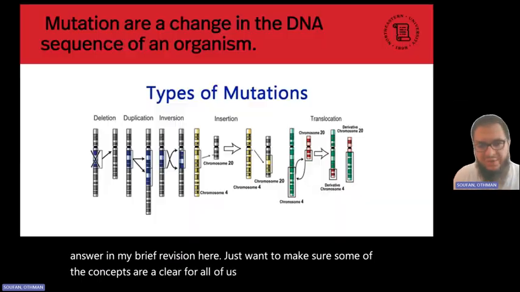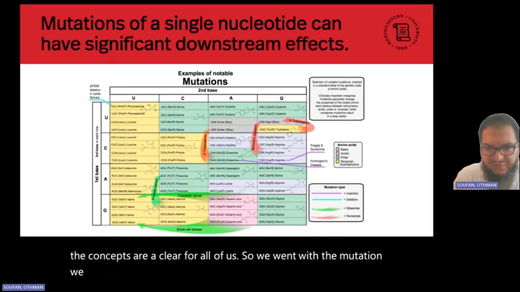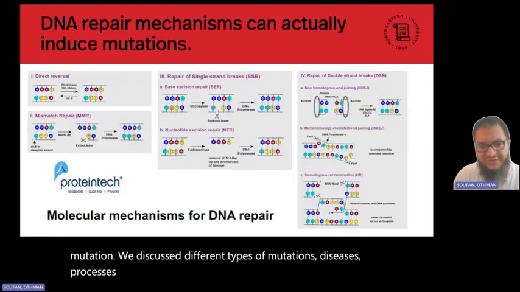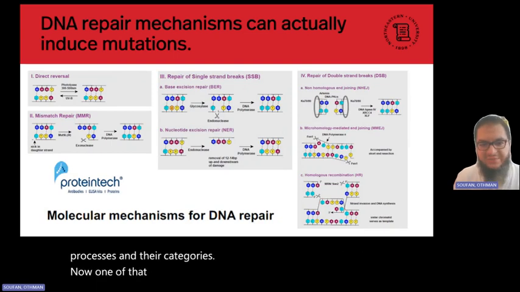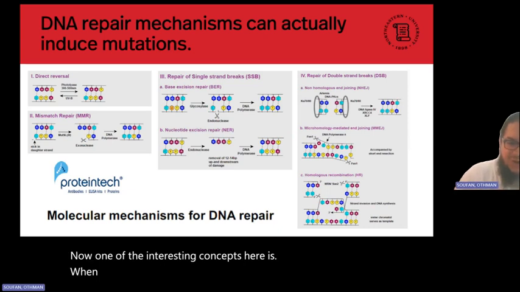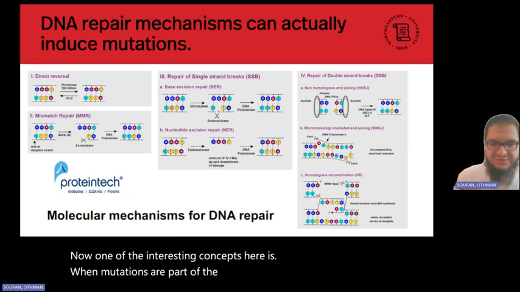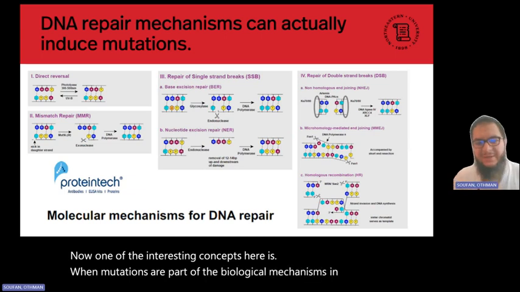So we went through mutations, and we discussed different types of mutations, diseases, and processes, and their categories. Now, one of the interesting concepts here is when mutations are part of the biological mechanisms in our cells.